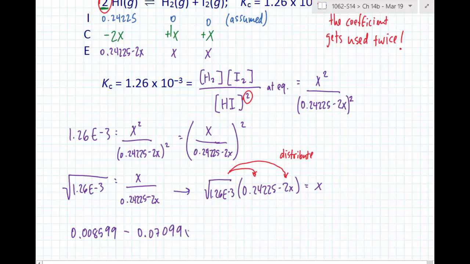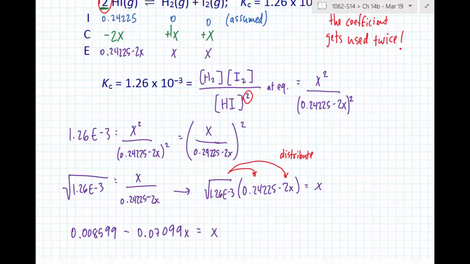X equals x. Okay. And that's just number crunching. Then what? Add the 0.07099 to what?